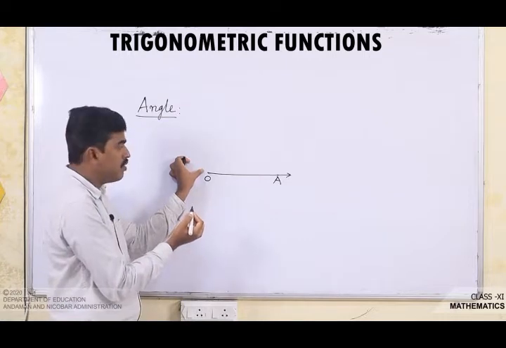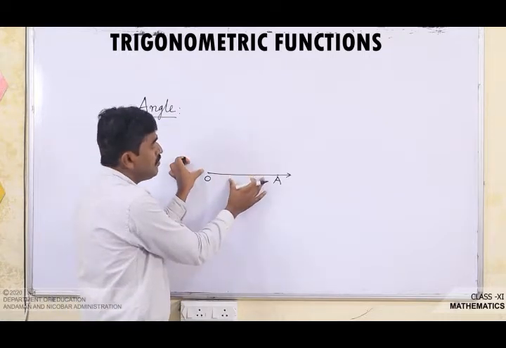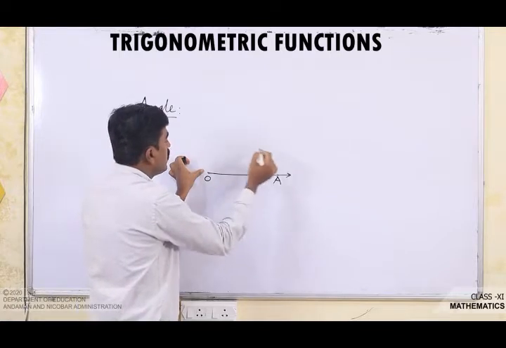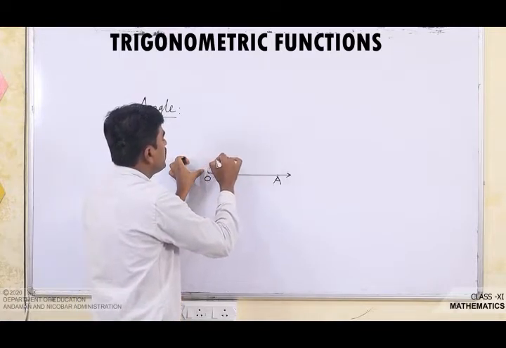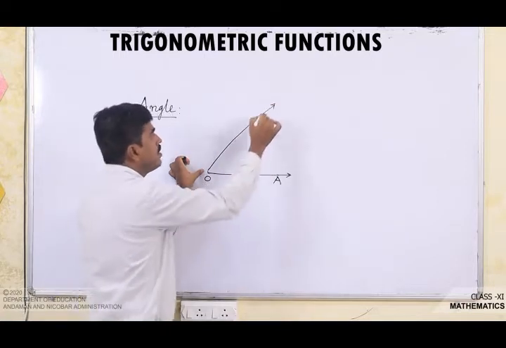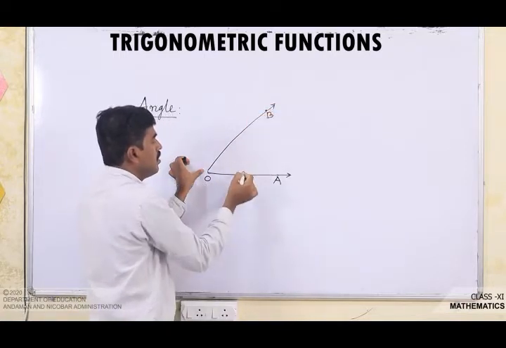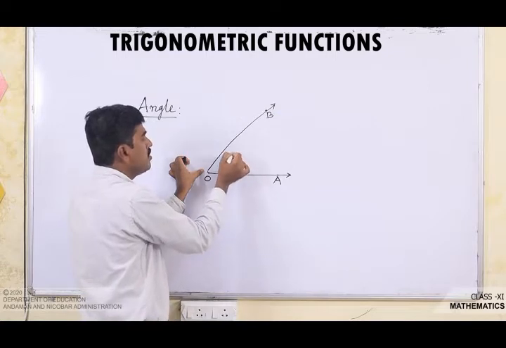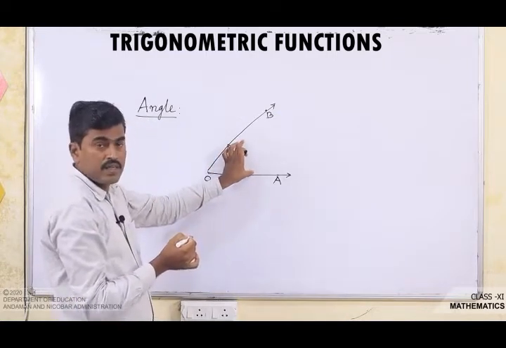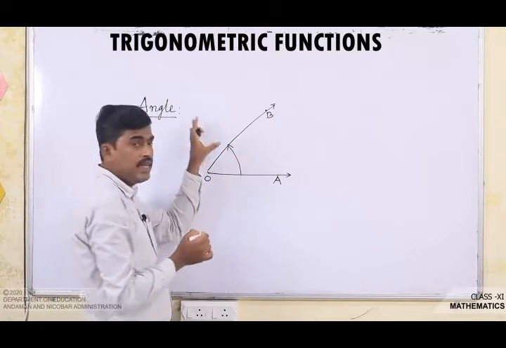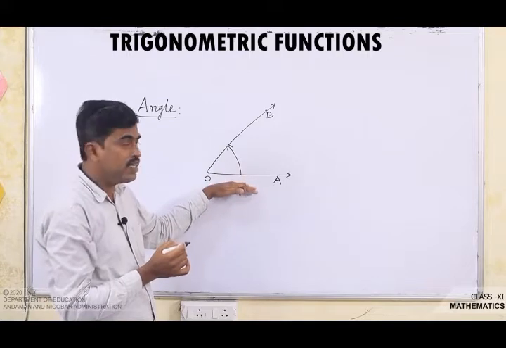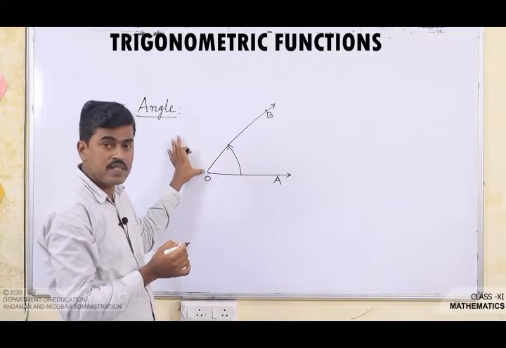Now if I rotate this ray, suppose after rotating this is the final position of the ray, let it be OB. This is the measurement of the rotation, so this is angle. Angle is the measurement of rotation of a ray about this fixed point.